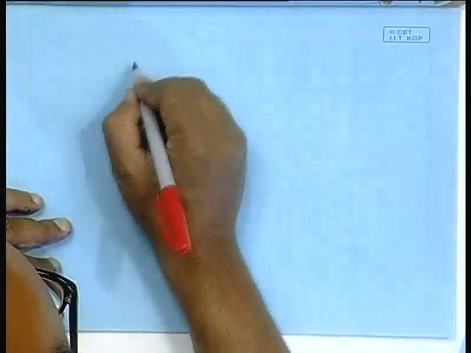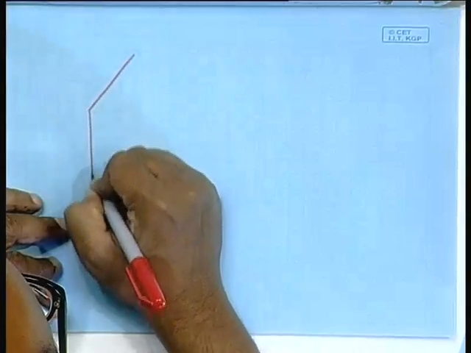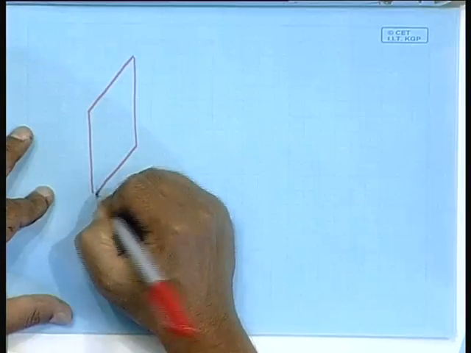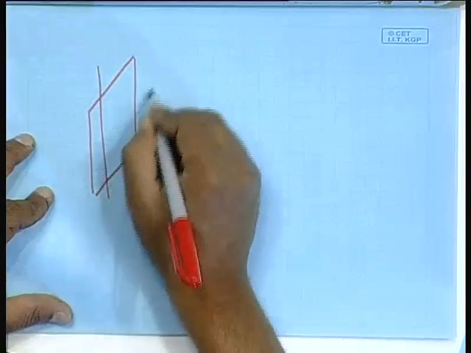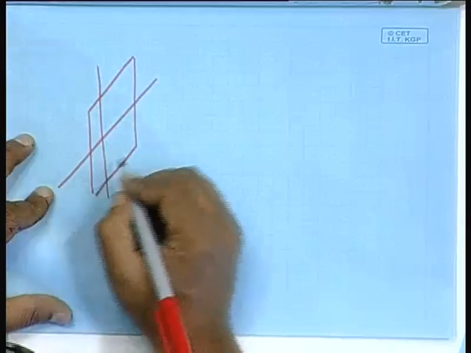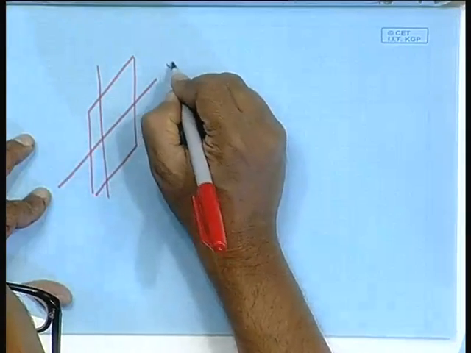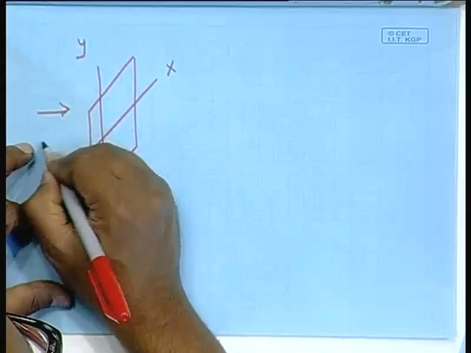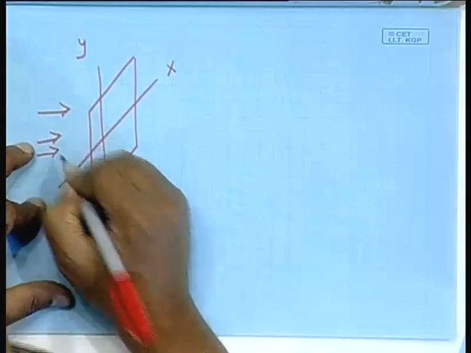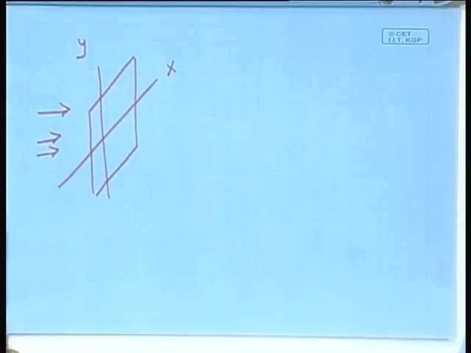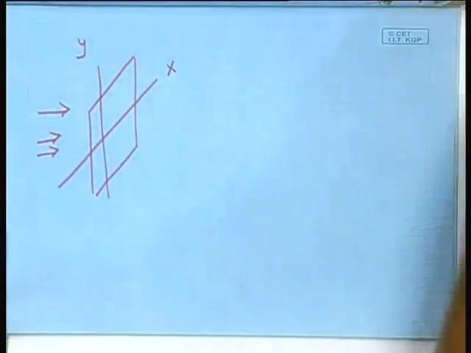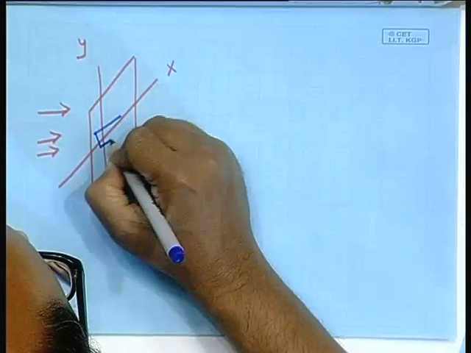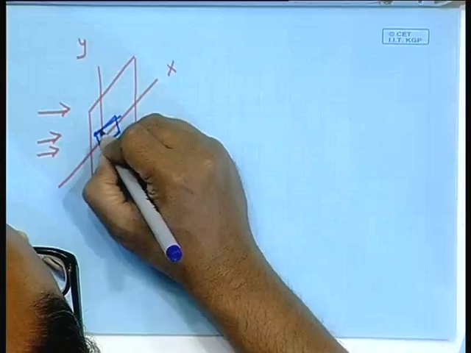So, we are considering an aperture, and this is the x axis, this is the y axis, and the light is incident along the z direction, and I have a slit. The slit, let us say, looks something like this. This is the slit.